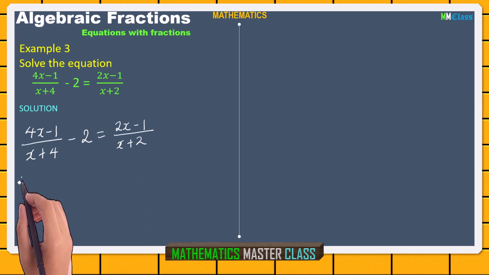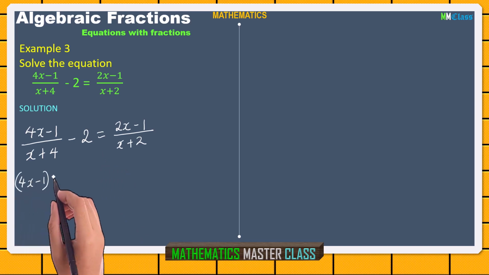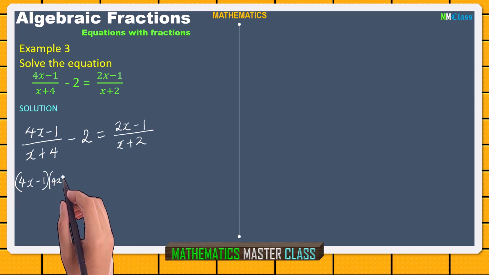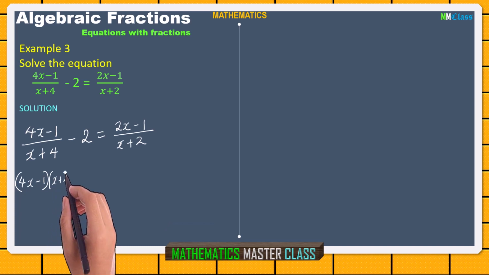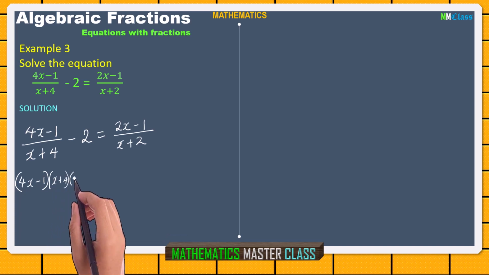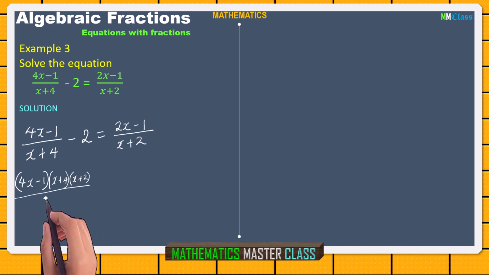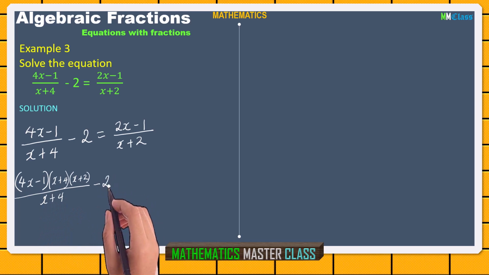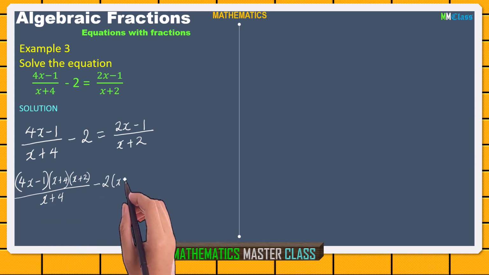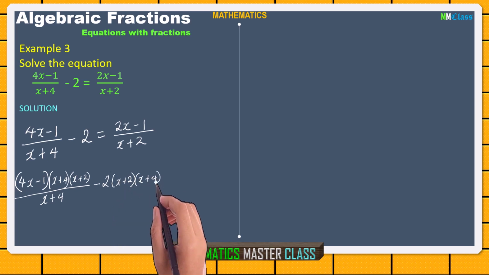So we have 4x minus 1 multiplied by x plus 4 and x plus 2, all over x plus 4, minus 2 multiplied by x plus 2 and then x plus 4.